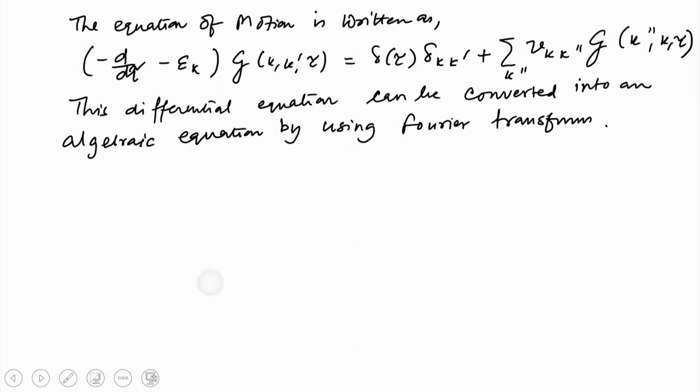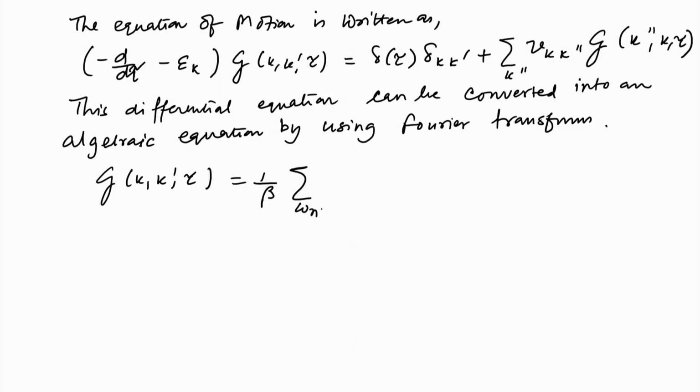I have g k prime tau equal to 1 over beta sum over omega n exponential minus i omega n tau and g k prime i omega n.